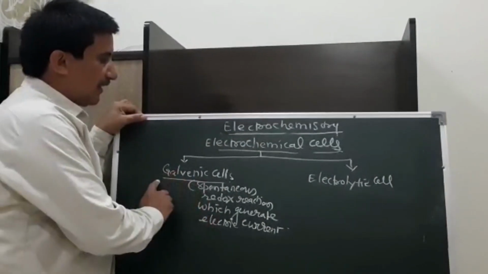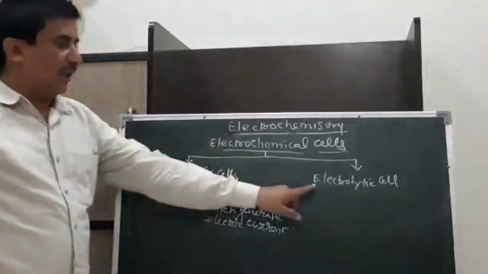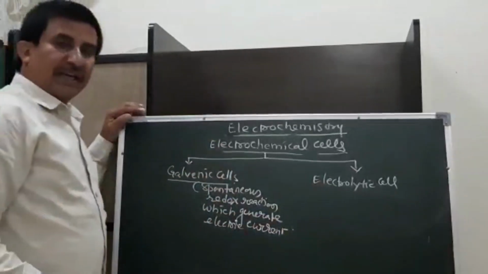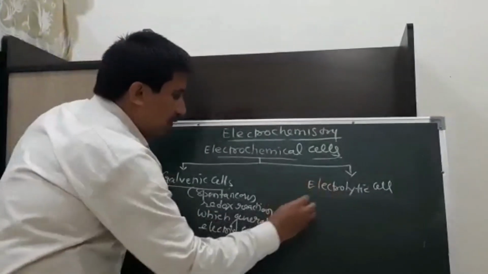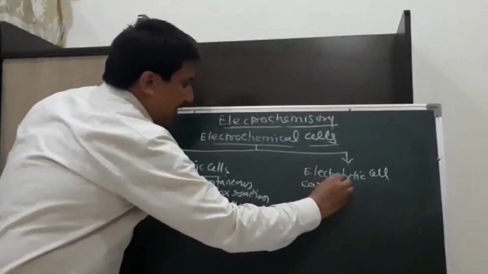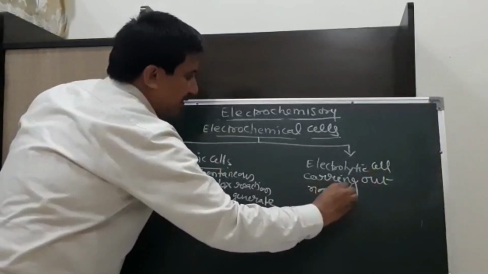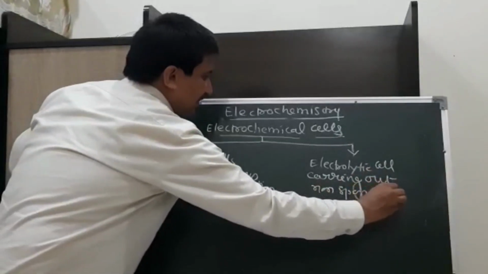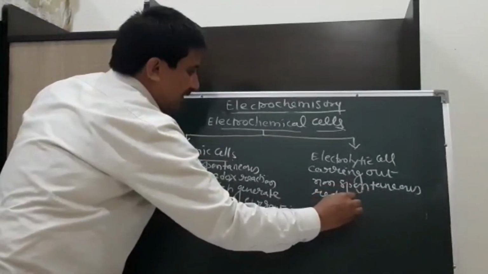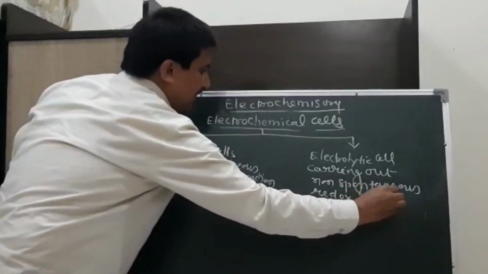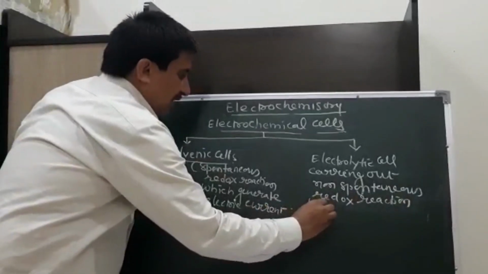One is electrical, generation of electric current by chemical reaction, and another is the electrolytic cell, carrying out a chemical reaction by use of electrical energy, or I can say carrying out non-spontaneous redox reaction using electric current.